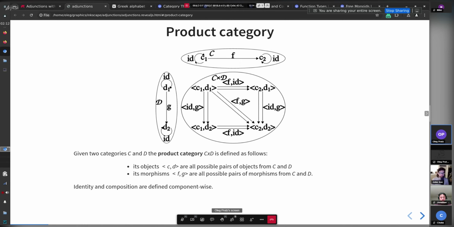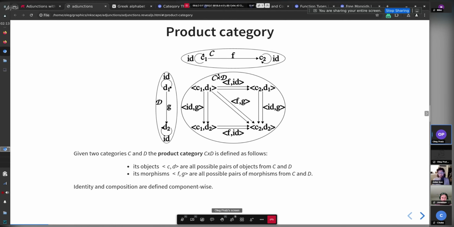And now the objects of the product category are the pairs of objects from the first and from the second category. That is, every pair of objects where the first object is from C and the second object is from D is a valid object in the C cross D category.